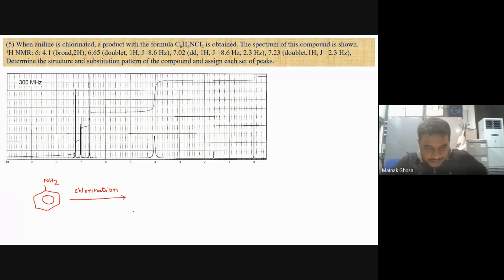I'm just writing the formula. This NMR spectrum is given. Now you have to find out what kind of compound this is and what the pattern will be.